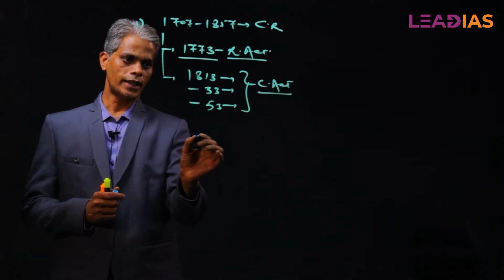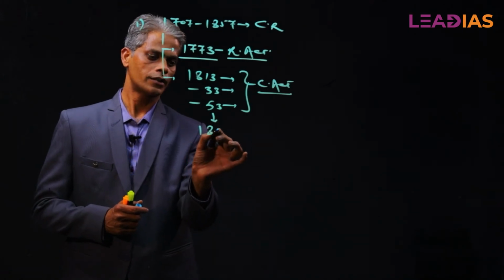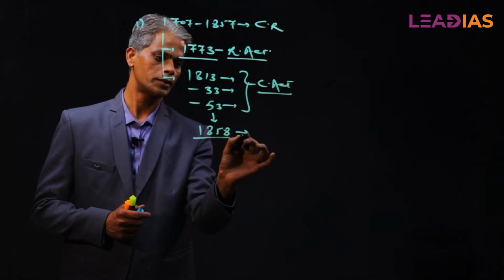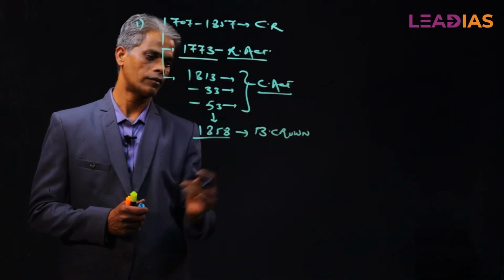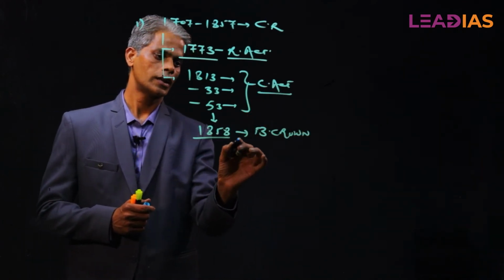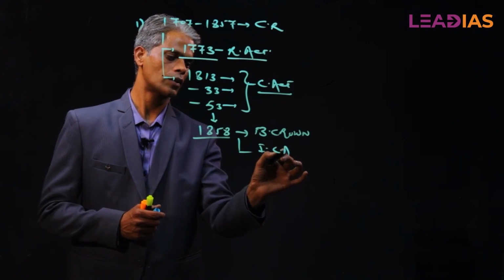Now, after the Charter Acts, as I've told you, in 1858 the rule was taken over by the British Crown, that is, directly under the UK government, and they came up with Council Acts, known as the Indian Council Acts.